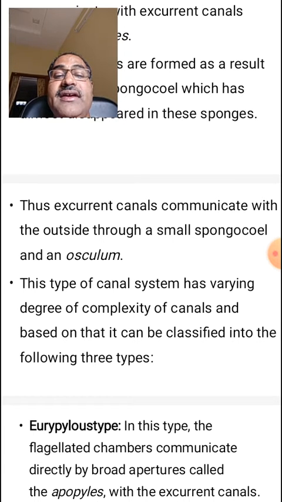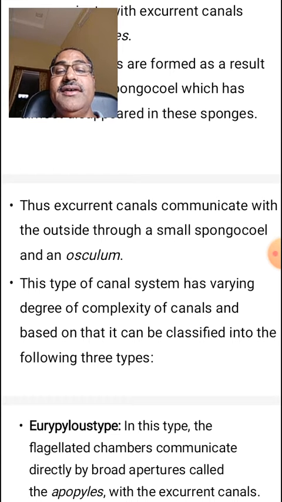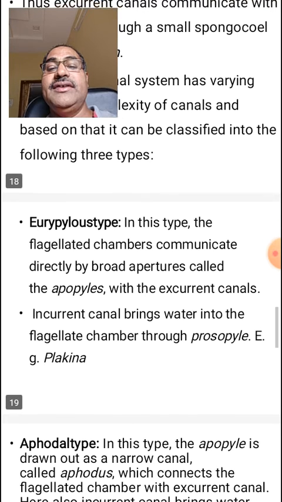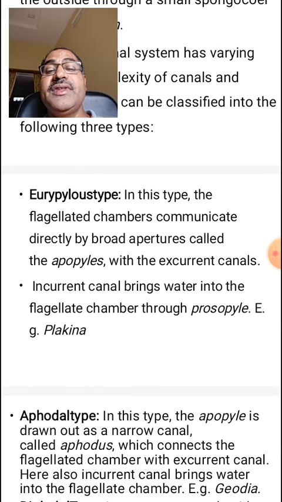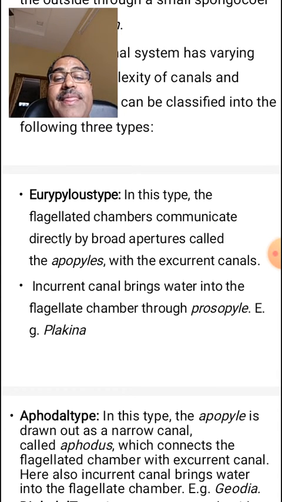This type of canal system has varying degrees of complexity of the canals, and based on that it is classified into the following types. These are the eurypylous type.